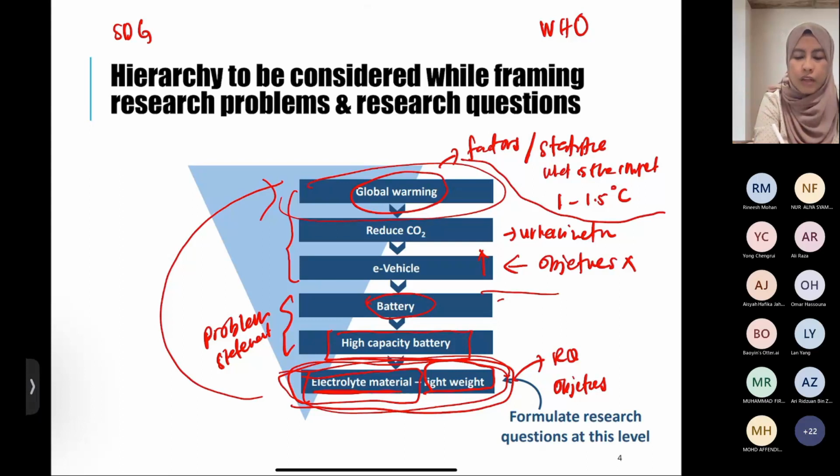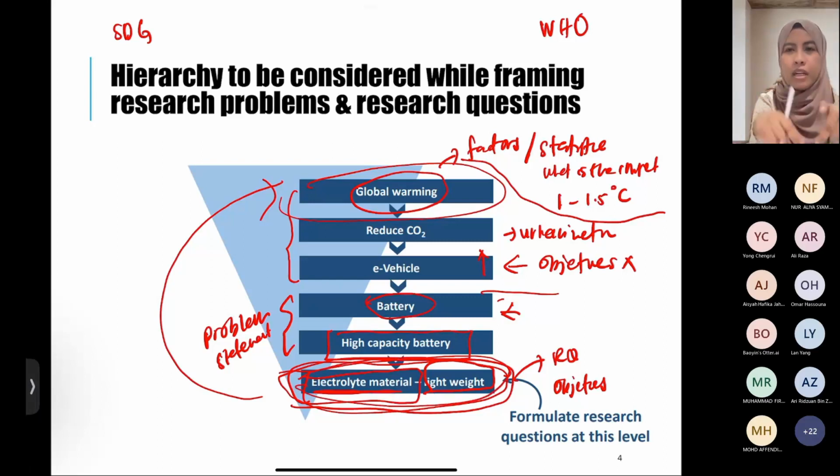If your objective be at here, meaning that you want to develop e-vehicle. Or if your objective at here, meaning that you want to develop the battery. Your focus is on the material inside the battery. You are not developing a new battery. You're developing the electrolyte material.